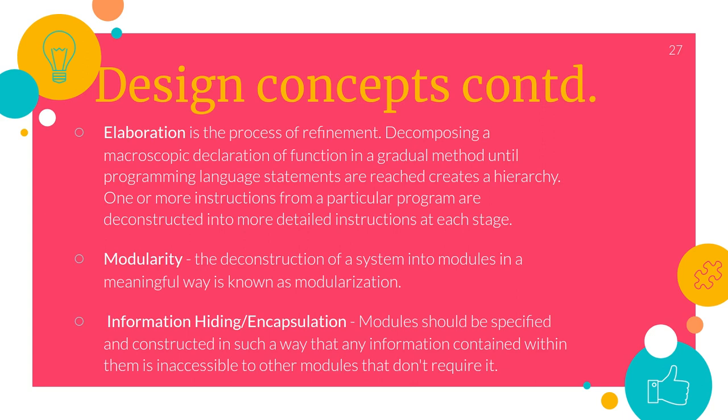And if the module contains information that's not needed by any other module, you'd have to hide that information, and it should not be accessible by the other modules. So just like in OOP, you hide the parts that are not needed outside, and you only show the parts that are extensible.